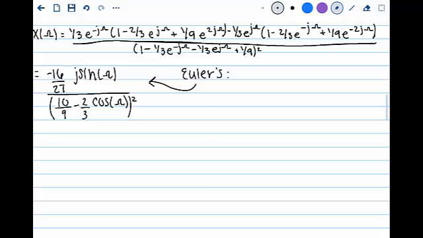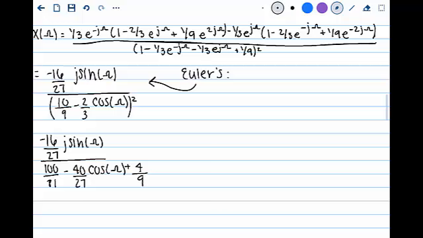From here, we're going to expand the denominator by FOILing it out. And then we use the double angle identity to simplify the cosine squared.